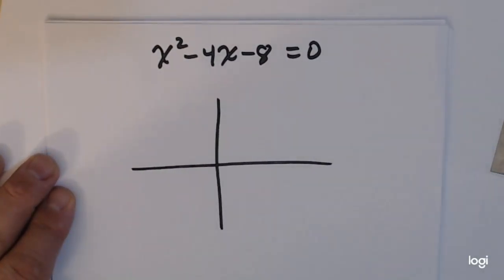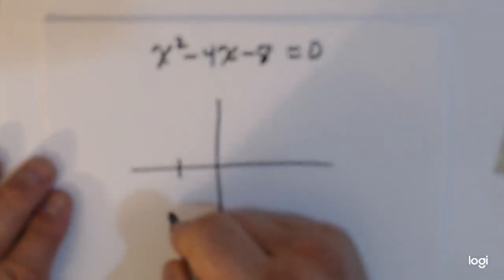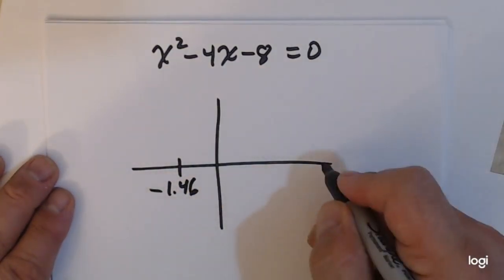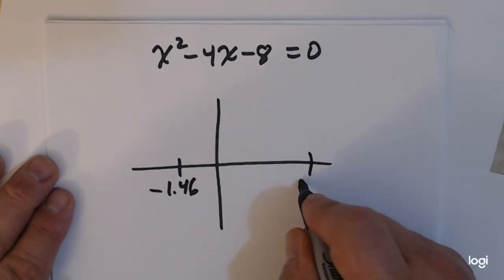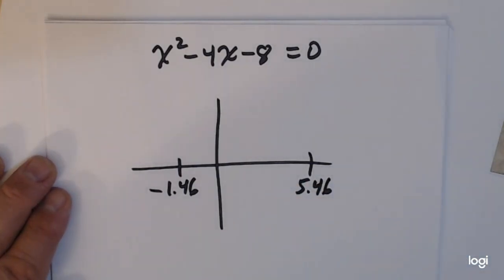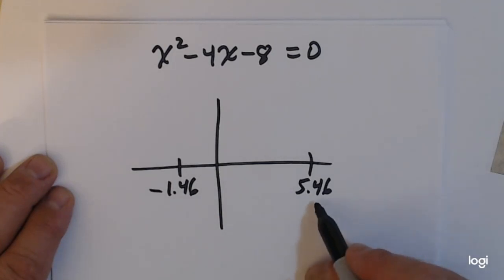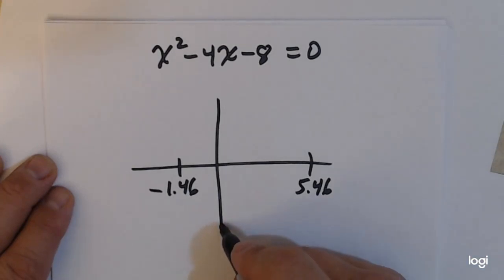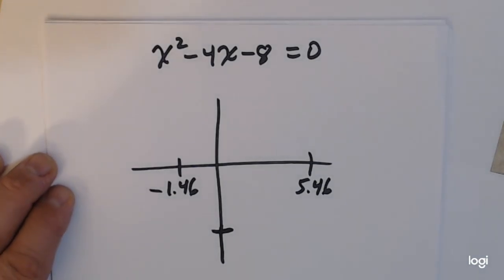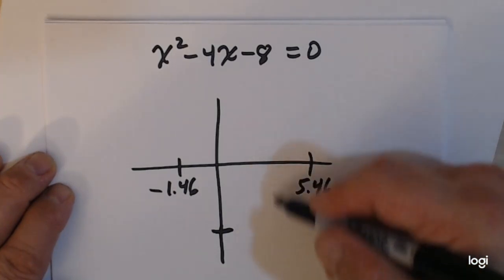And we know that our 2 x-intercepts are approximately -1.46 and approximately 5.46, which should be 2 plus or minus 2 times the square root of 3. This being 2 minus 2 root 3, this being 2 plus 2 root 3. And this is going to be a happy-faced parabola. So we want to see where it is that this graph is going to form a vertex.